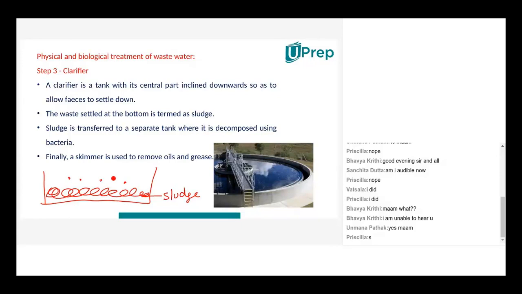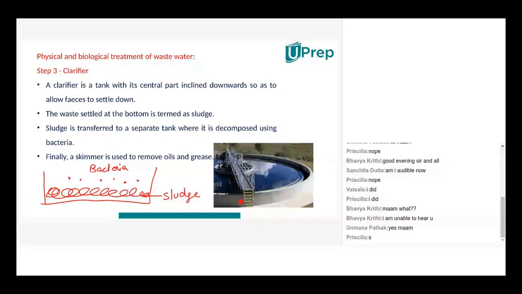Why do they need to add some bacteria? Any idea? Yes, ma'am, I know. Tell me. Because of the bacteria, I think, ma'am, we've learned this as much as I remember, it catches all the germs and dirt, and further they settle down. Yes.